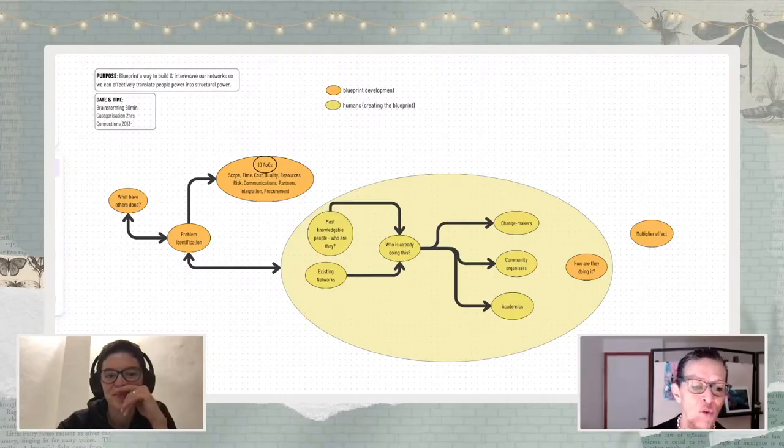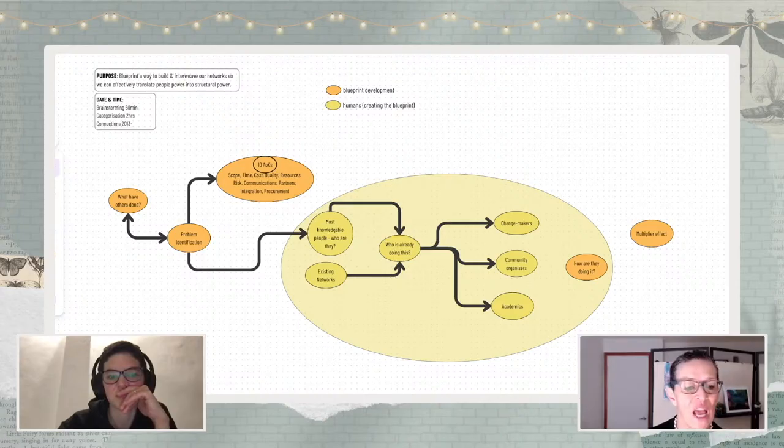If you remove the bidirectional link from problem identification to the big yellow, remove that and make it from problem identification to most knowledgeable people, just directly. And also to existing networks. You can do both. You can link it.